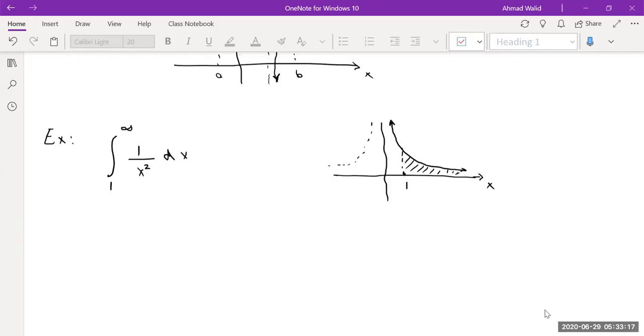How to deal with these integrals? When I have a notation of infinity, it's really difficult to deal with. I want to change this notation.